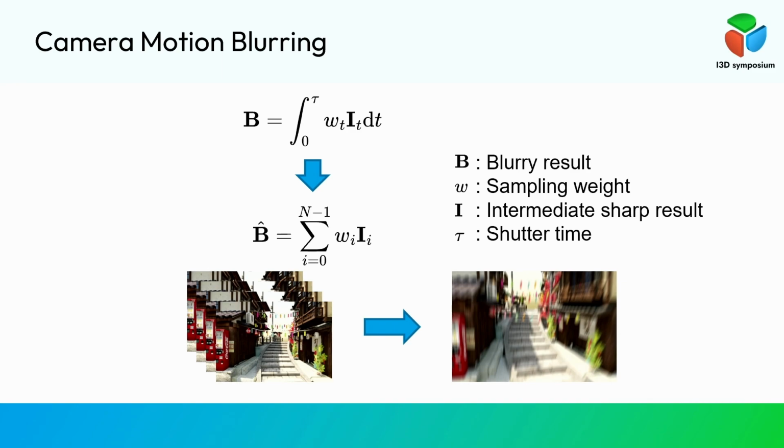In practice, they uniformly sample n time steps within the shutter time as keyframes. However, that weight is optimizable if needed. Okay, and the blurred result will be approximated by the accumulation of the sequentially rendered sharp results.